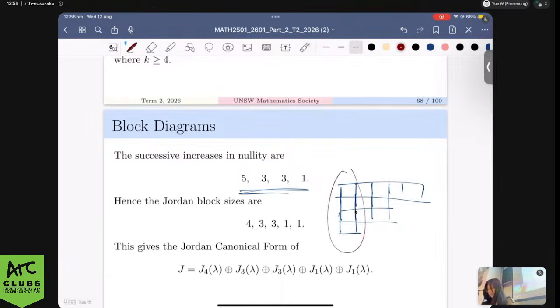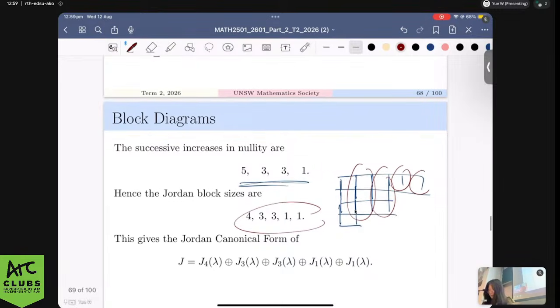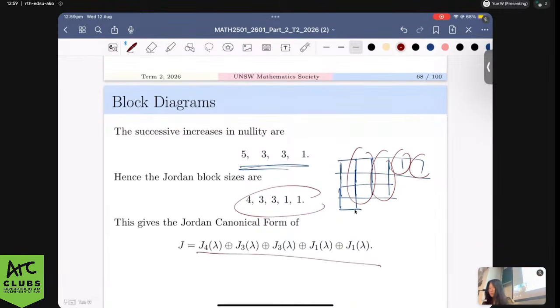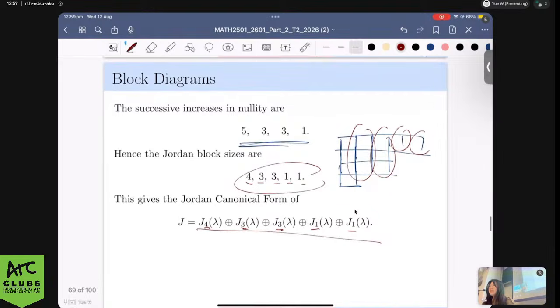So this is 4, and then this is 3, this is 3, this is 1, 1. Hence the Jordan blocks are 4, 3, 3, 1, and you can put everything into your Jordan form. Each of these corresponding entries is basically the size of your Jordan block, right? So that's nice. Block diagrams are very useful in determining the Jordan form of a matrix.